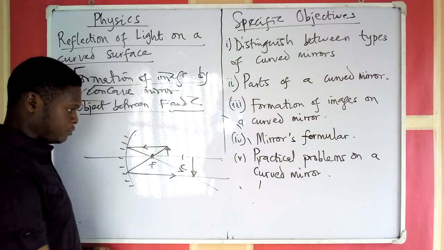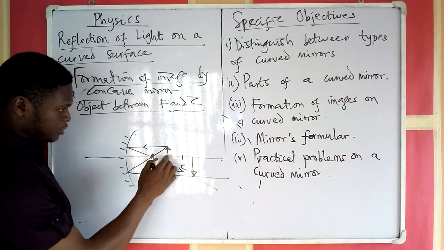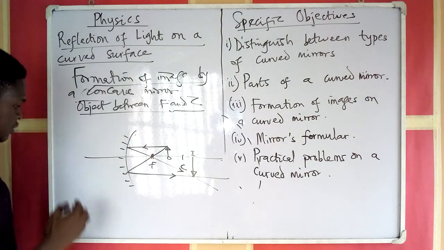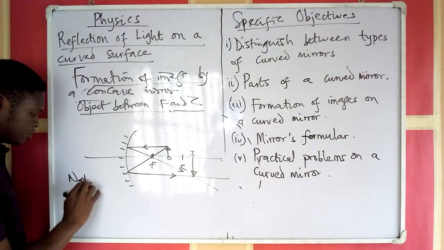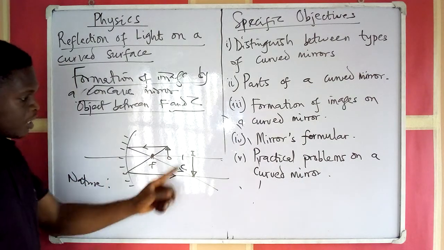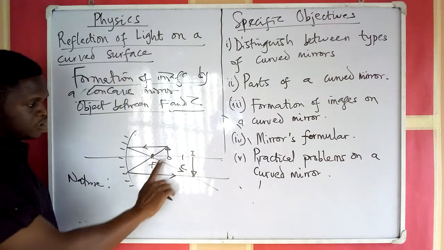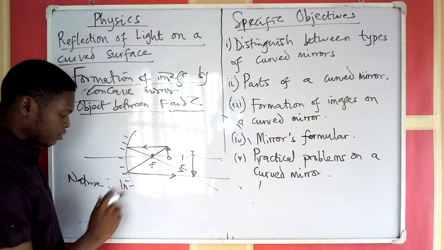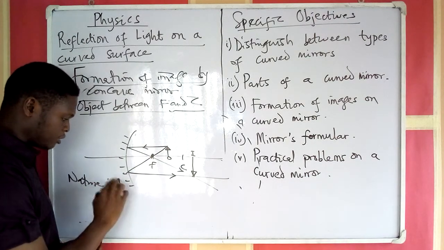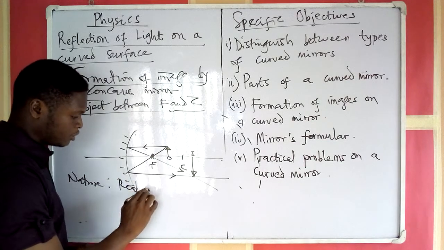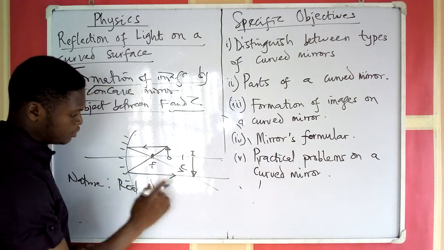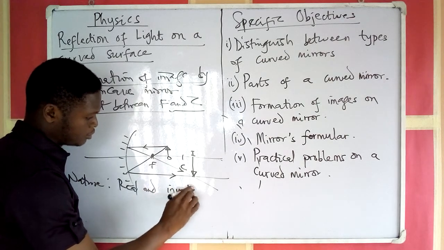So we are going to form an image. This is our object here, and this is our image. What can we say about the properties of this image? The nature of this is that if you look at it, you see that it is inverted. This one is up, this is down. So it is real and inverted.